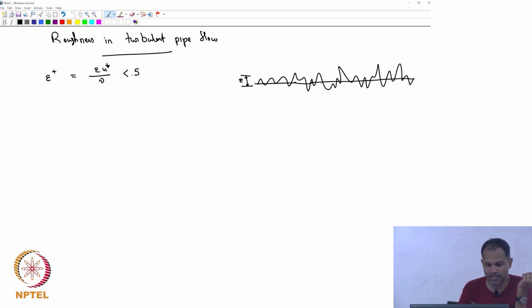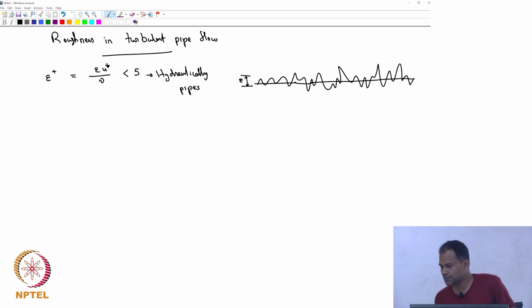So when epsilon plus is less than 5, we call it hydraulically smooth pipes. In other words, the thickness of the roughness is smaller than the height of the wall layer. Is that okay? We are just talking everything in terms of these plus quantities rather than real dimensions.